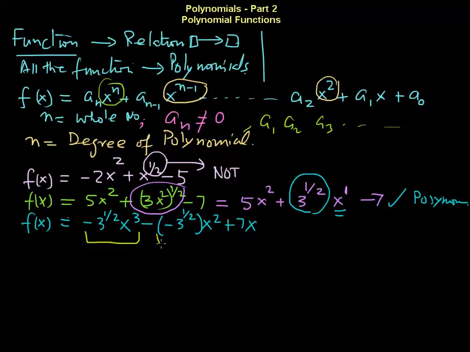This is the first term, this is the second term, and this is the third term. This one is a constant, so it is allowed. The exponent is real, which is allowed. The variable is there, which is allowed. But this one here is a term which should have been written differently, so in that case it is not allowed. When it is not allowed, this is not a polynomial.